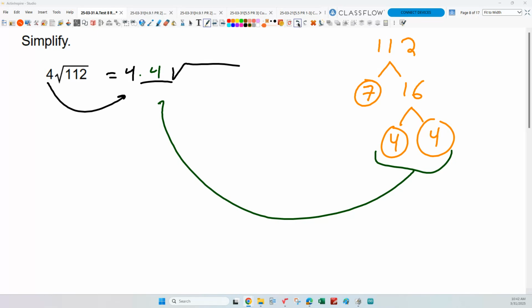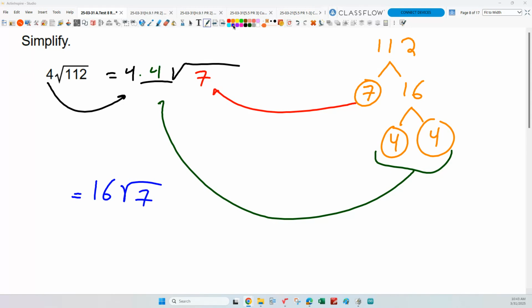And what's inside? 7. Okay, so is our answer totally simplified? What's the last thing I could do? Yeah, multiply the outside numbers together, right? So we get our final answer then. Just looks like 16 outside and 7 inside. Okay, good? Remember, couples go out, singles stay in.